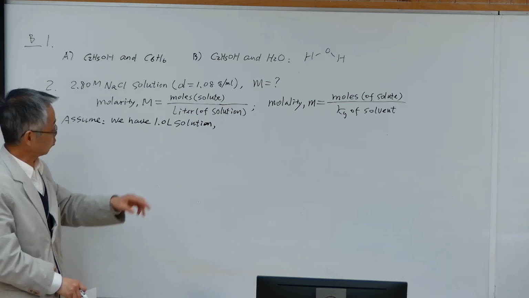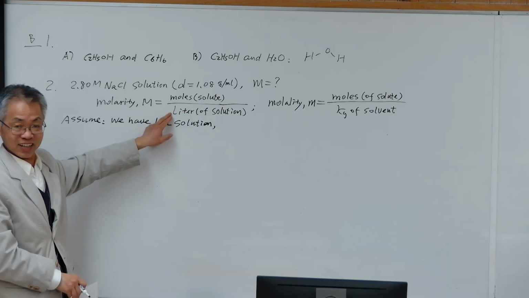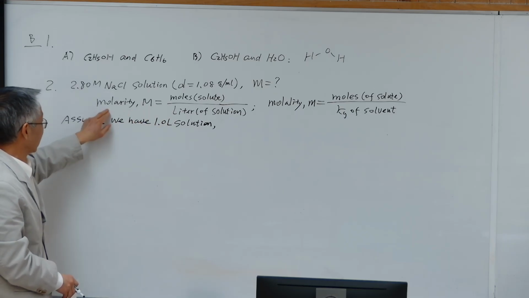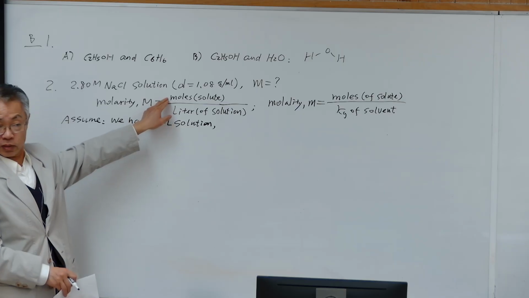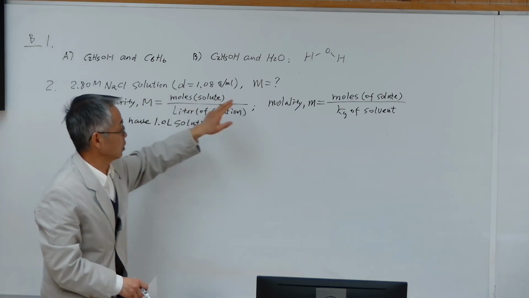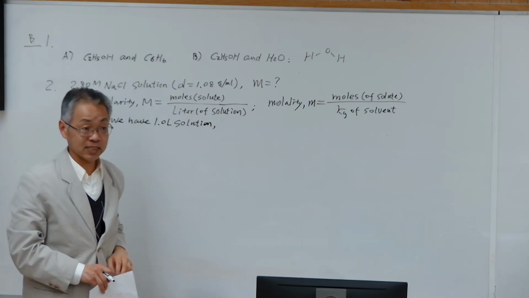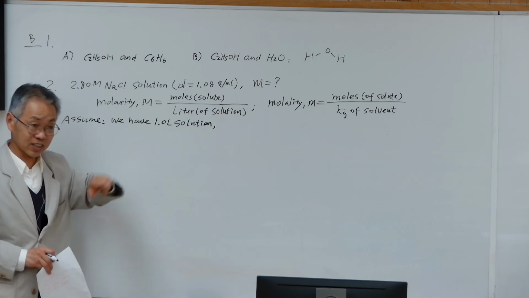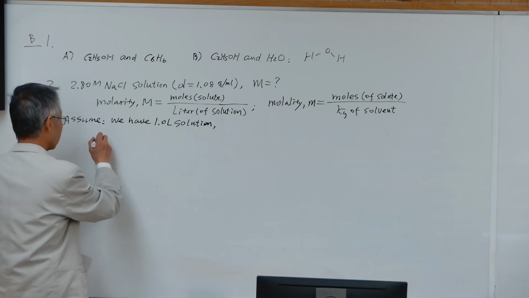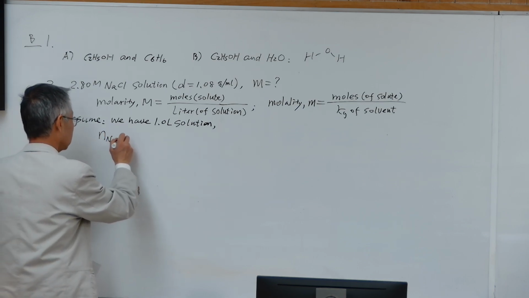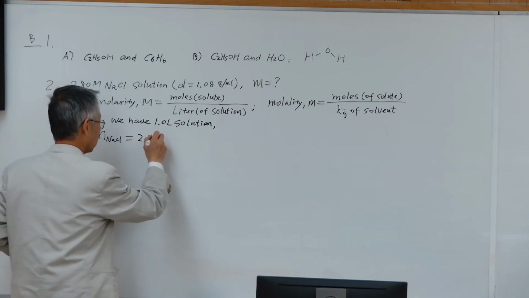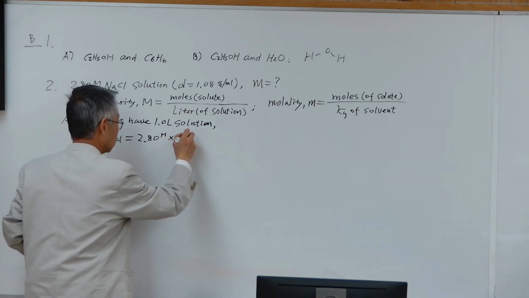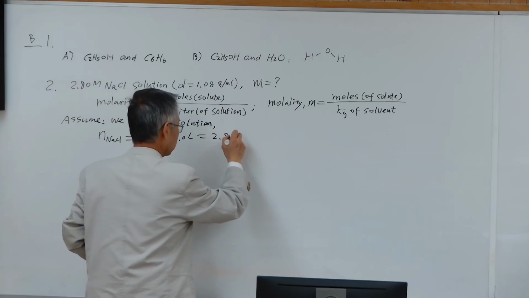If we know 1 liter, and molarity is a known value, then immediately we get moles. So assume 1 liter of solution. Moles of solute is 2.8 molar times 1 liter, which is 2.8 mole.